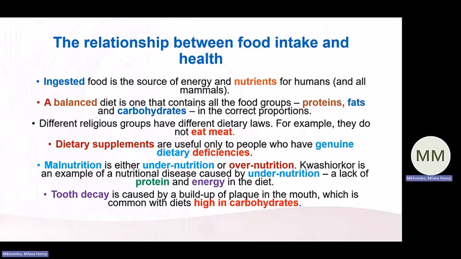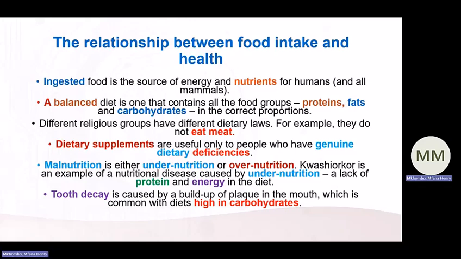Different religious groups, however, have different dietary laws. For example, there are groups who don't eat animal products, such as meat. Dietary supplements are useful only to people who have genuine dietary deficiencies, like those that are a result of inborn errors of metabolism.